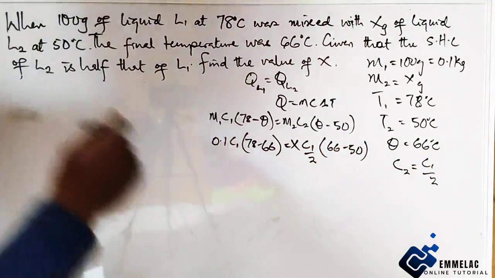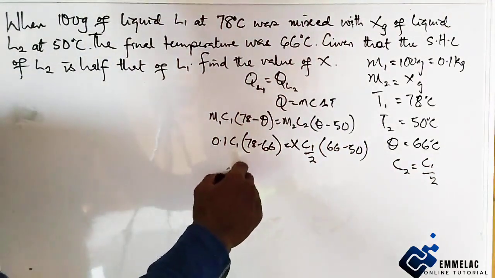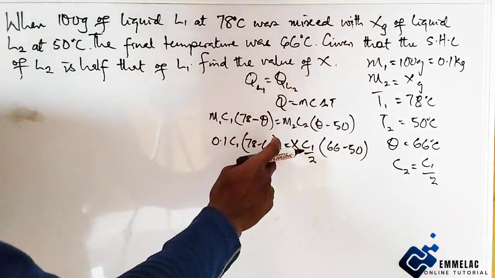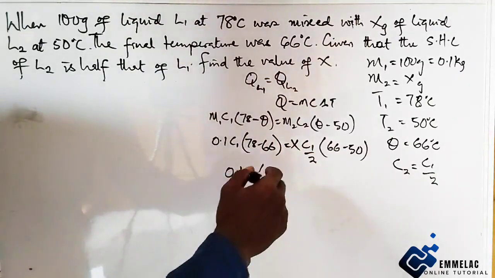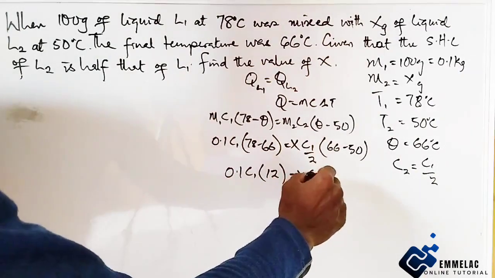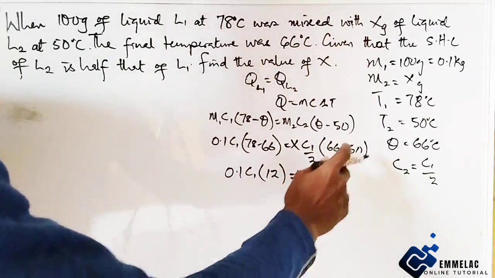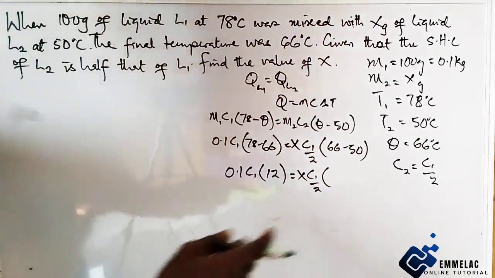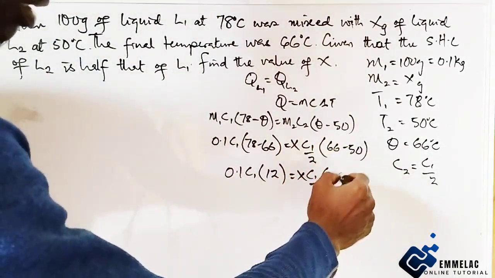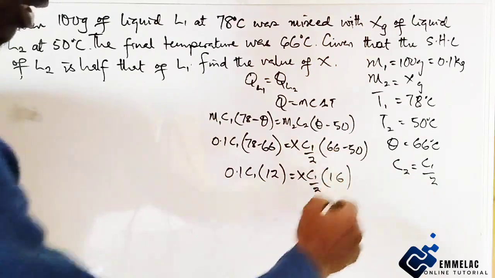All right, so simplifying further, 0.1 C1. Now 78 minus 66 here will give us 12, then equals X C1 over 2. Now 66 minus 50 here should give us 16.